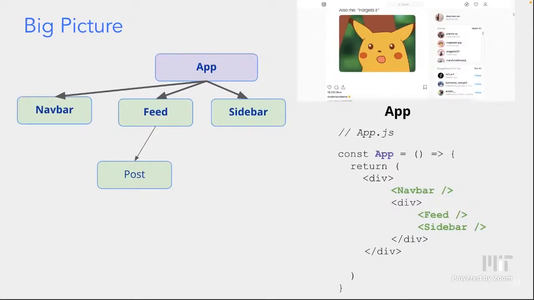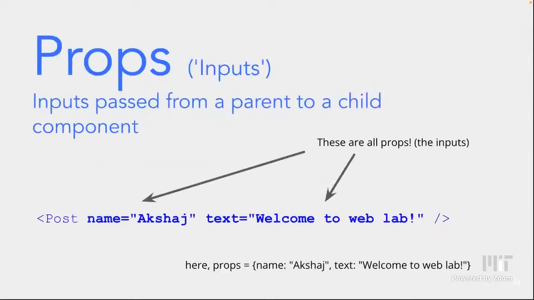And if you see the code, you basically just include the components you want in your code. So the app is made up of the navbar, the feed, and the sidebar, and each of those is defined in its own .js file. And then you have props, which are your inputs to your components.